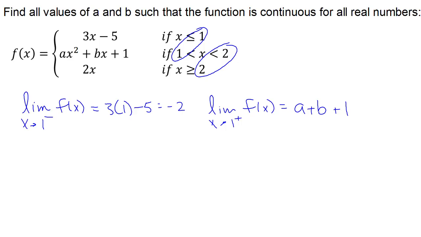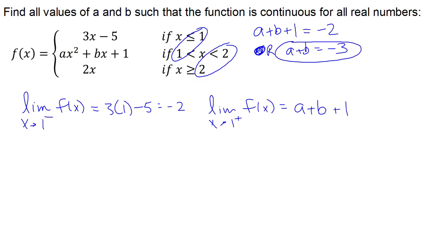And then in order for the limit as x approaches 1 itself to exist, we then just need a plus b plus 1 to equal negative 2. Or in other words, we need a plus b to equal negative 3. So there is one of the equations that we need to be true in order for this to be continuous for all real numbers. A plus b needs to equal negative 3.